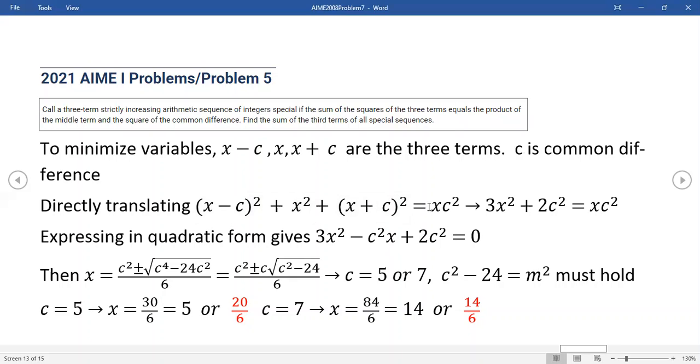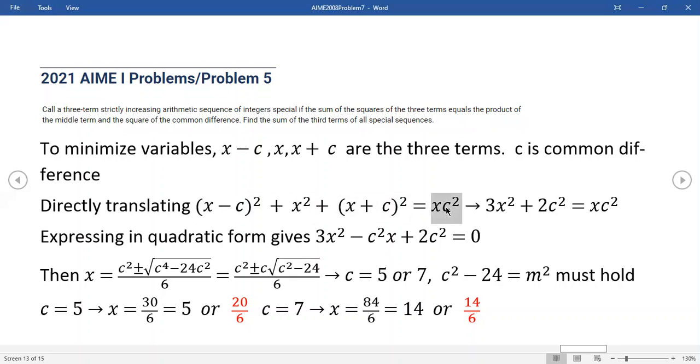This very last piece is the product of the middle term, x, and the square of the common difference, which is this piece right here. So everything's good, and I literally spent as much time on this part as I did on the mathematics, directly translating the English into a terse mathematical statement.